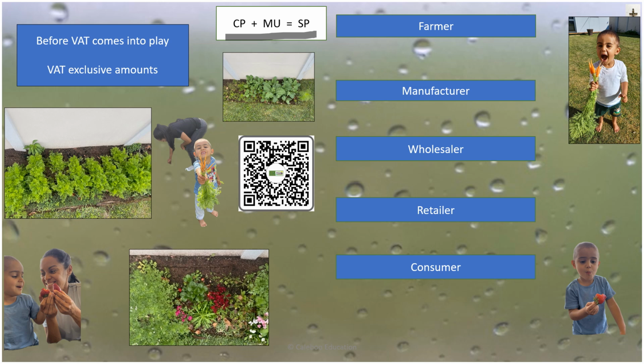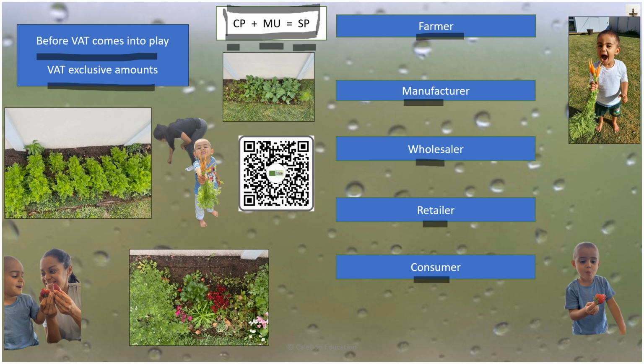Now in this video, the numbers that I'm going to use will exclude VAT. So before VAT comes into play, we're going to have a cost price, a markup or gross profit, and the two added together will equal the selling price at each level of production.